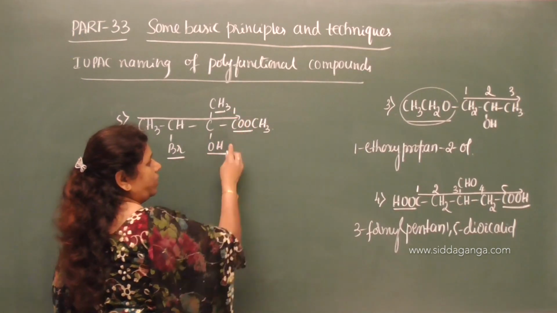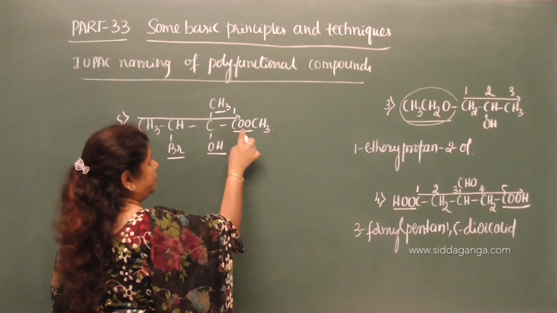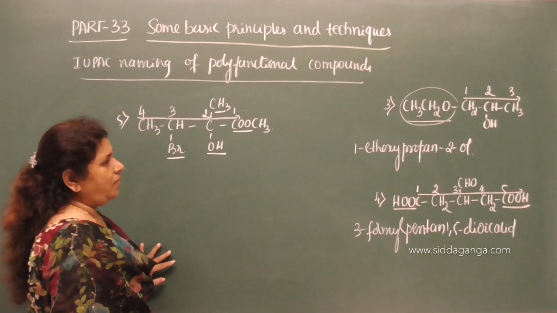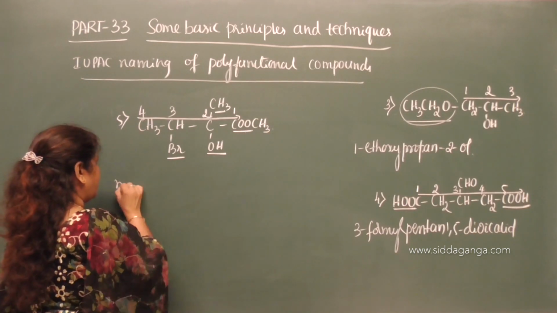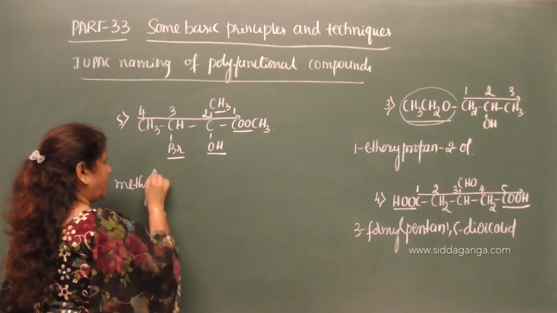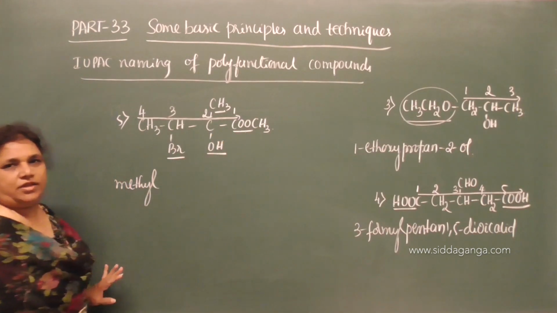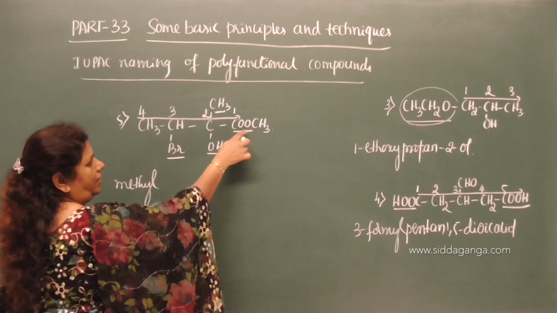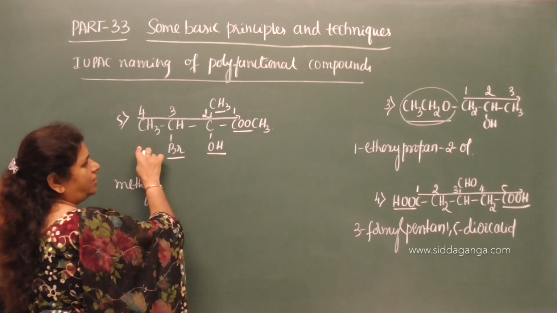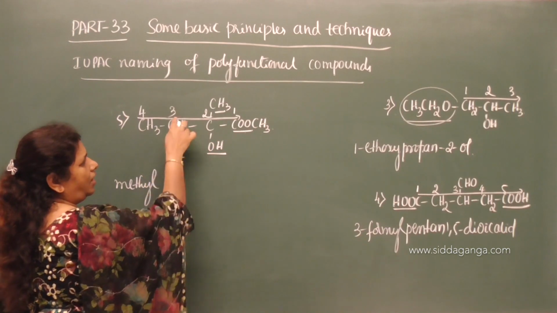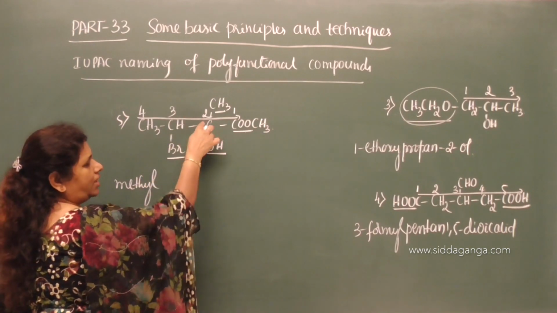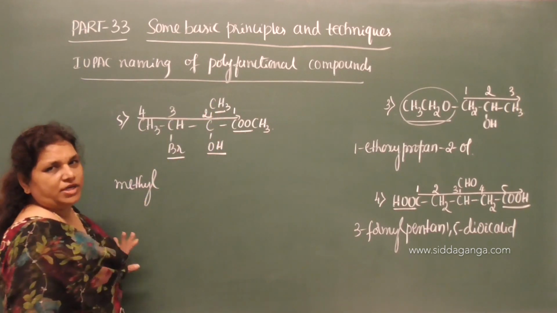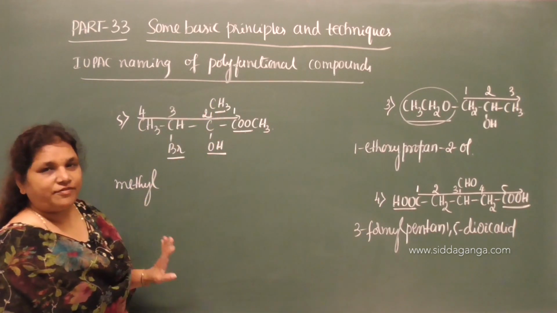This becomes 1 because it belongs to the functional group, then 1, 2, 3 and 4. Now let me give the name, methyl alkyl. After the COO group, whatever group is there, you have to take first, methyl alkyl alkanoate. In the alkanoate, we have substituents. On the third carbon we have bromo, on the second carbon we have hydroxy, and on the same second carbon we have methyl. We need to arrange them in alphabetical order.